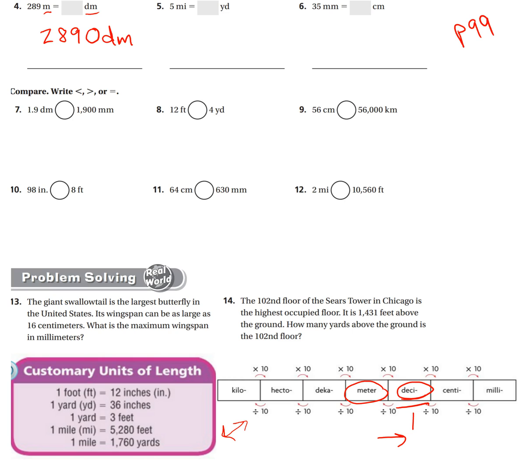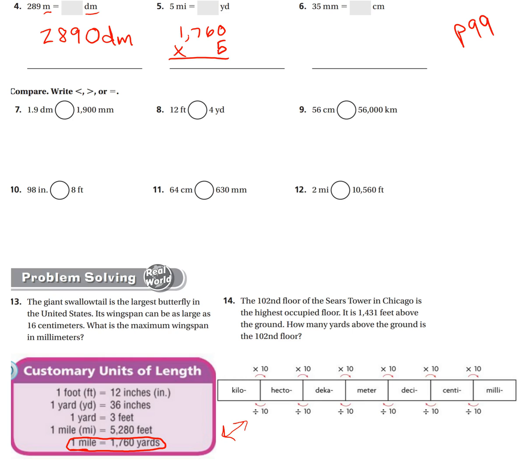Number 5. We're converting miles to yards. So I come down here for my conversion factor, 1 mile to 1,760 yards. So I take 1,760 yards times how many miles I have, which in this case is 5. I'll let you do that math to figure out how many yards it's going to be.